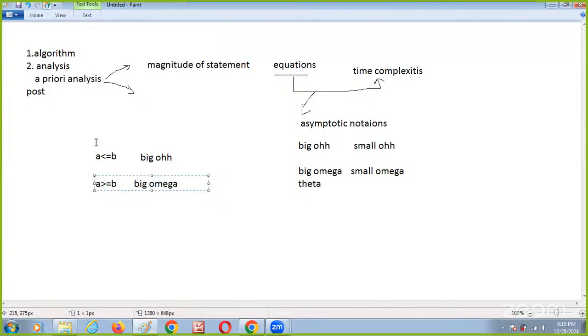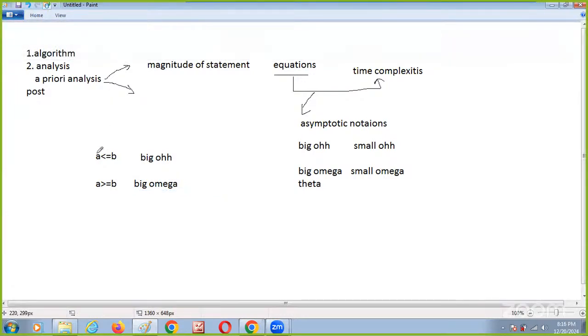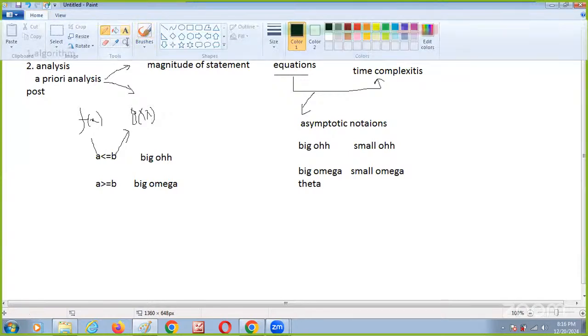Here A is f of x and B is g of x. Then we can say f of x is order of g of x.